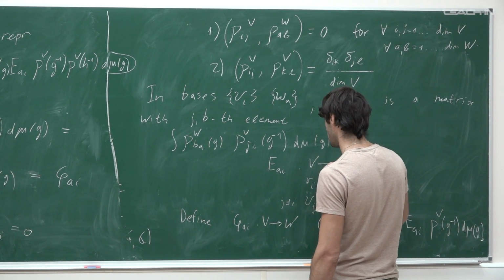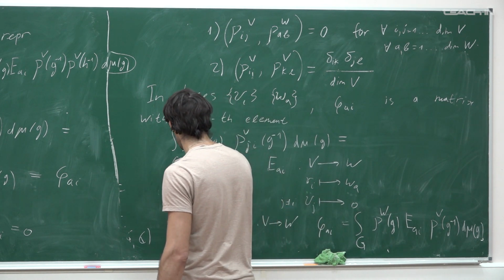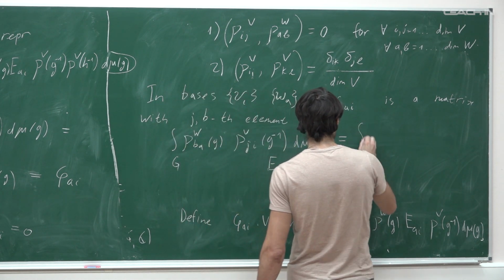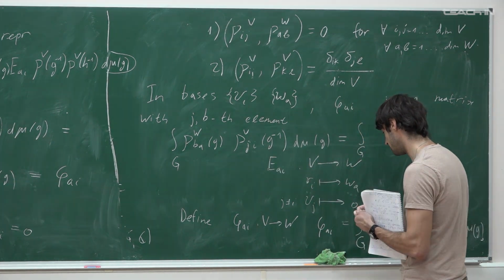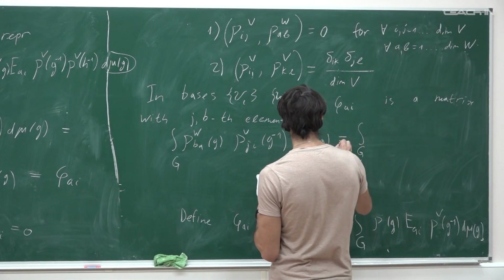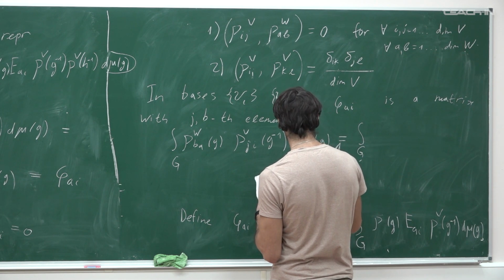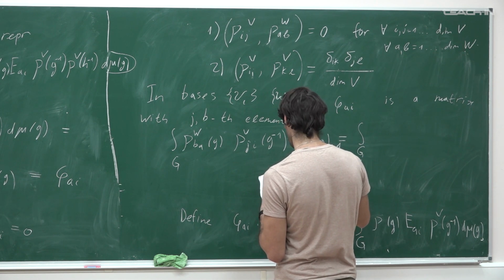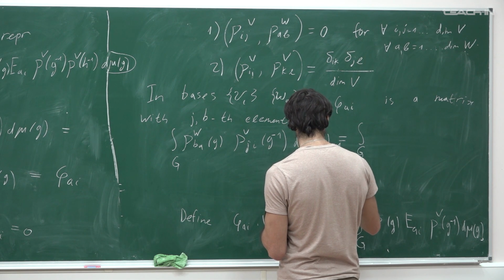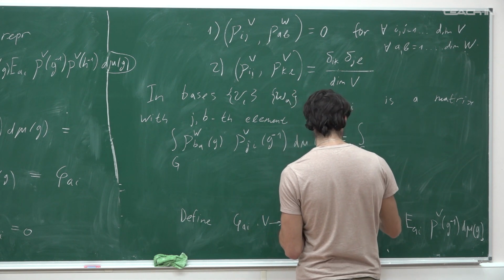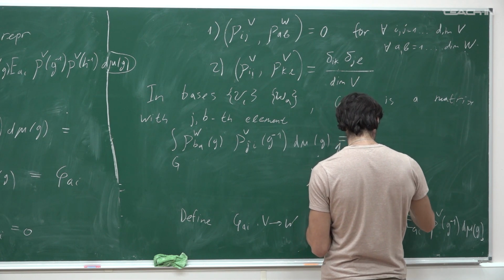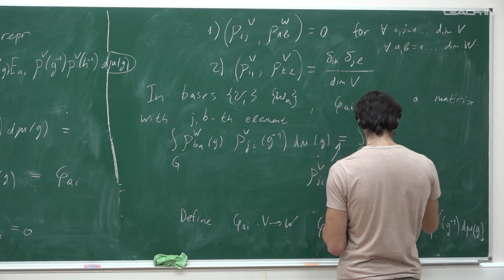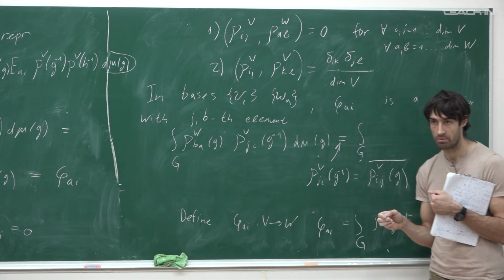But then this integral over G, I can replace. And I'm going to use the following, that rho_{ji}^V(g^{-1}) is the same as the complex conjugate of rho_{ij}^V(g).